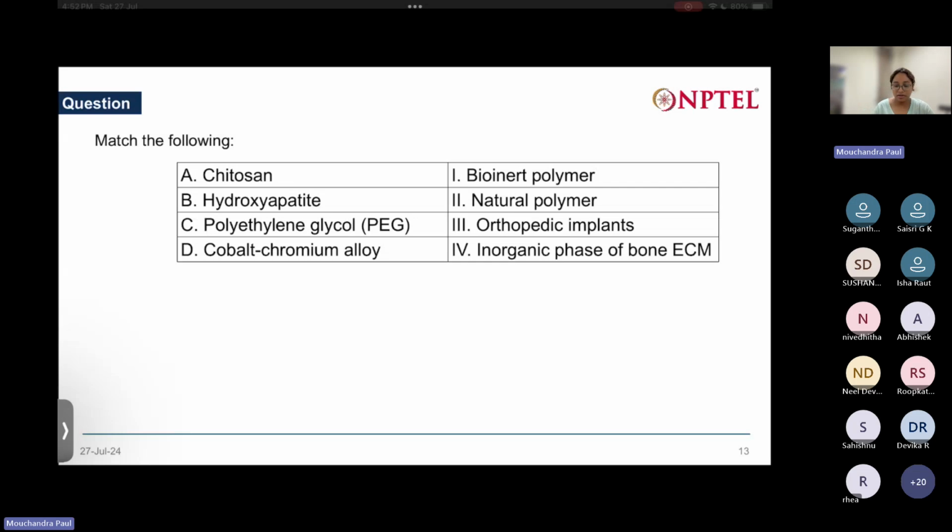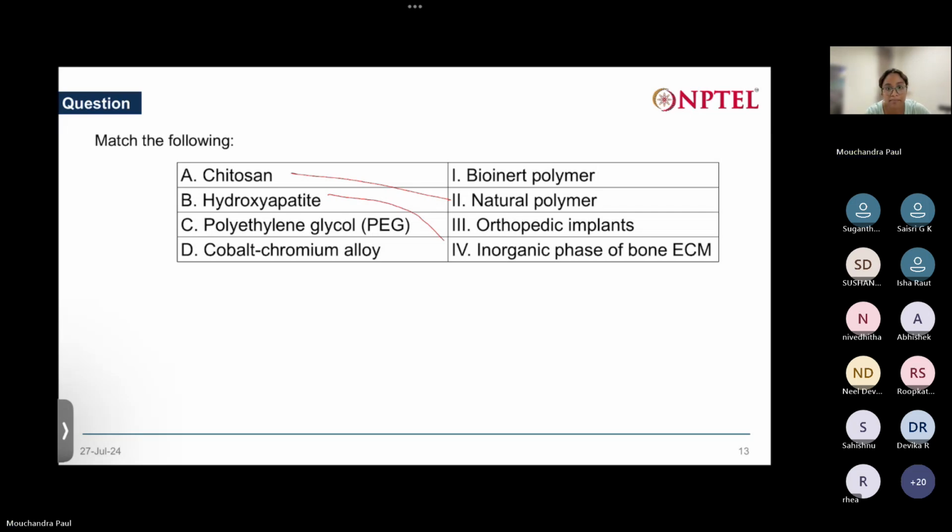So let me mark it. A2B4. What about C and D? Also, whoever is answering, they have to justify as well later on. I'll ask why they think it is the correct answer. D3, ma'am. D3. Okay. So that leaves C1.